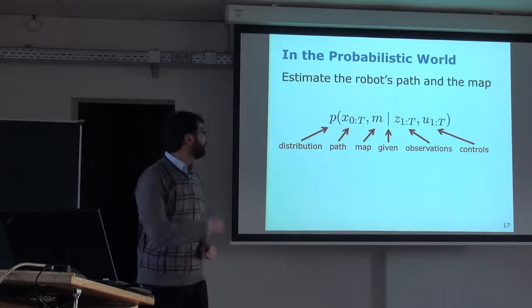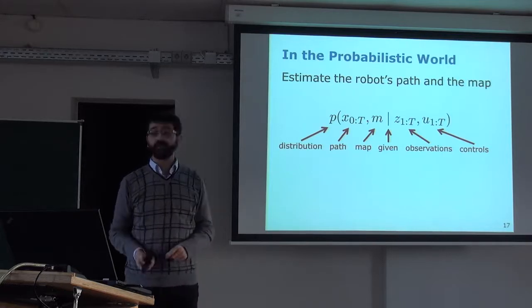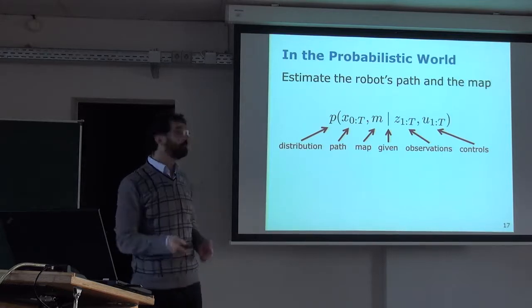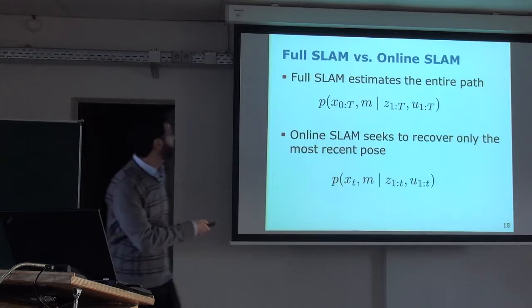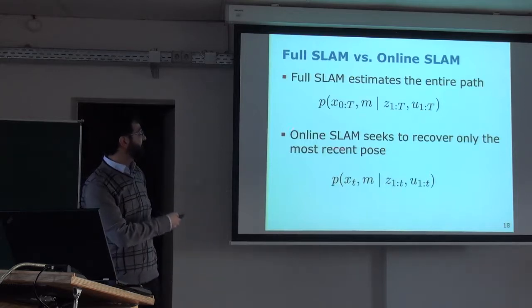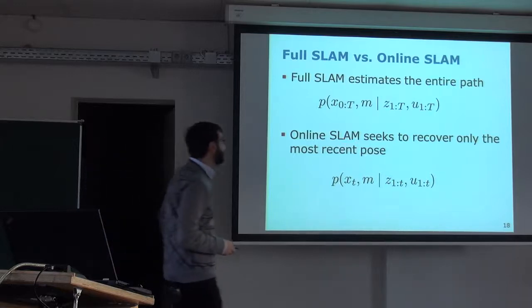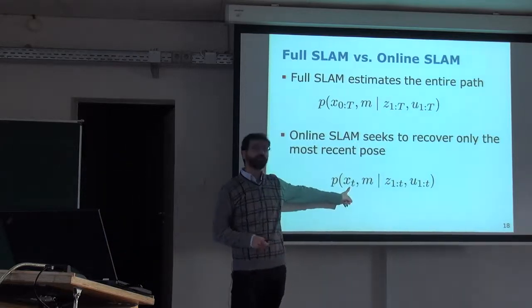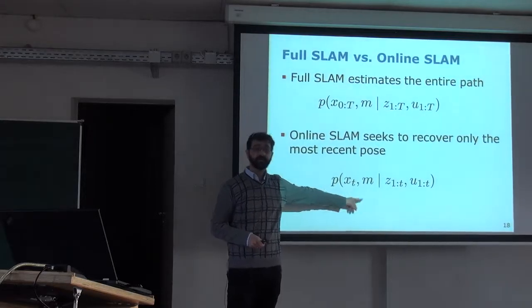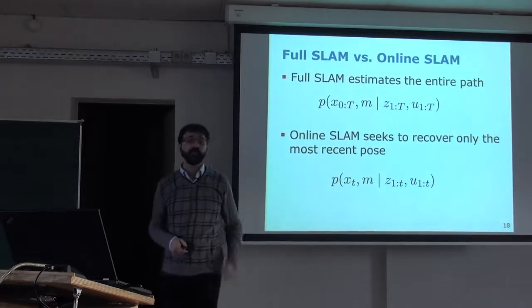This here is what is also called the full SLAM problem. There are also some variants. So another variant is called online SLAM. And the idea of online SLAM is you're only interested in the current pose of the robot and the map, but you don't care where the robot was in the past.